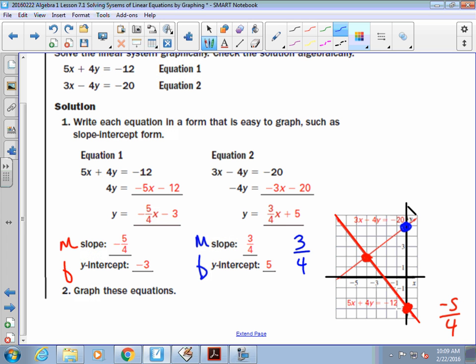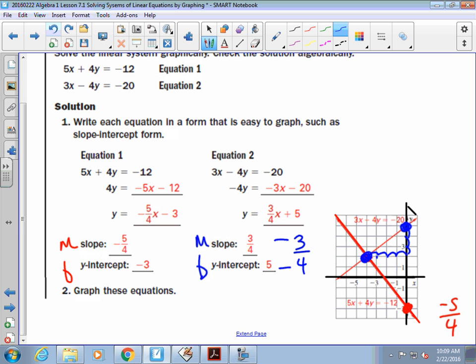But what does negative divided by a negative give you? Also a positive. So going down 3 and to the left 4 gives you the same effect. I'm only doing this to make it fit on the graph in the window itself. Down 1, 2, 3, and to the left 1, 2, 3, 4.